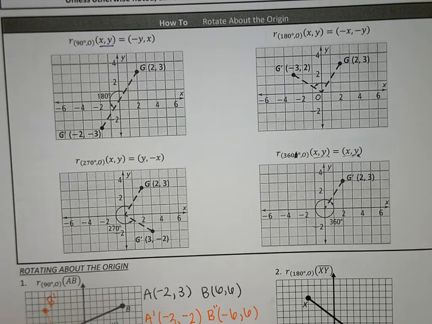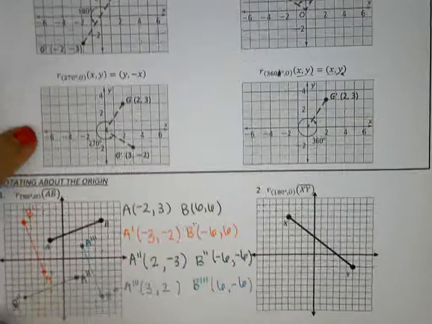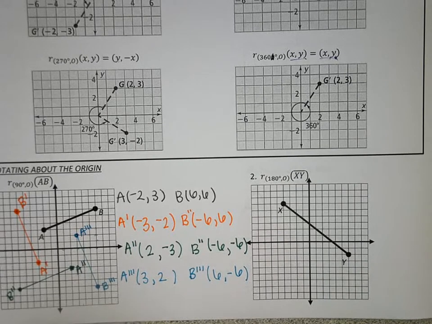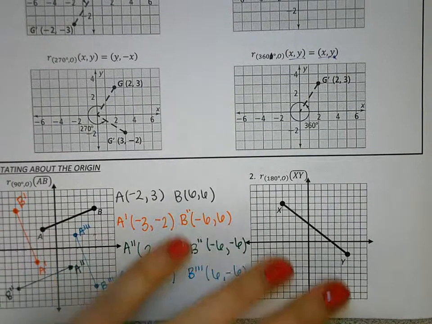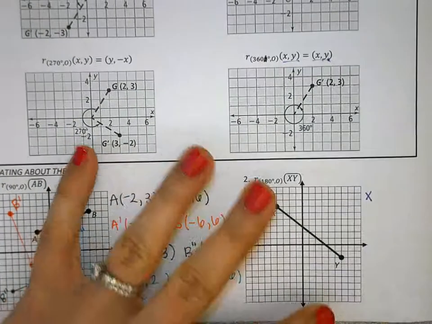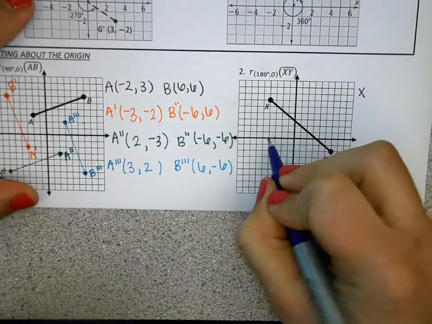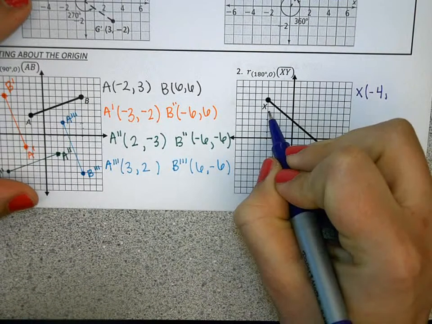Okay, so what we are going to do for number 2 is rotate segment XY 180 degrees without the patty paper. So here's how I do it. I always start with writing my X and my Y coordinates. My X coordinate is at negative 4, and my Y coordinate is at positive 6.